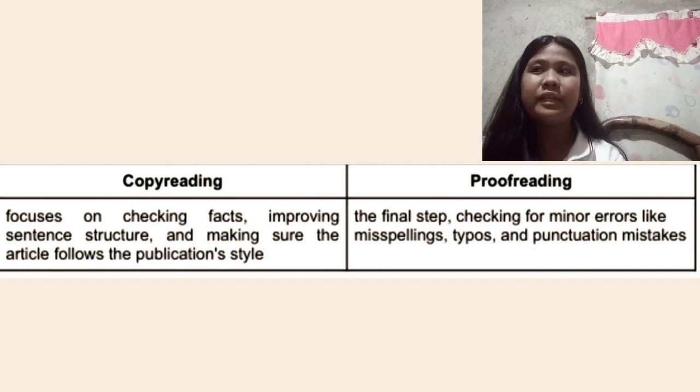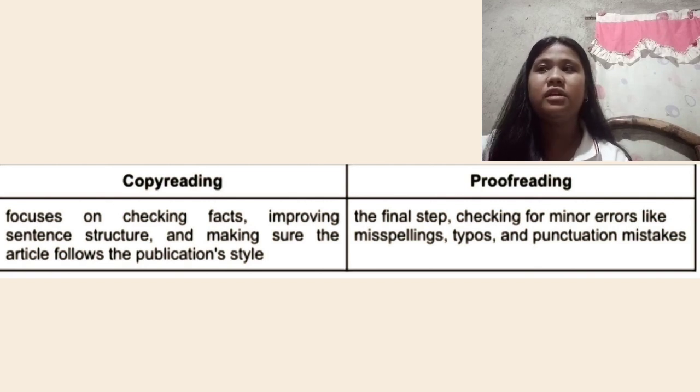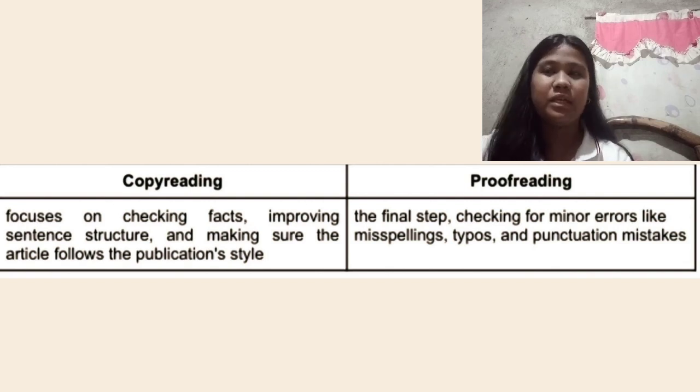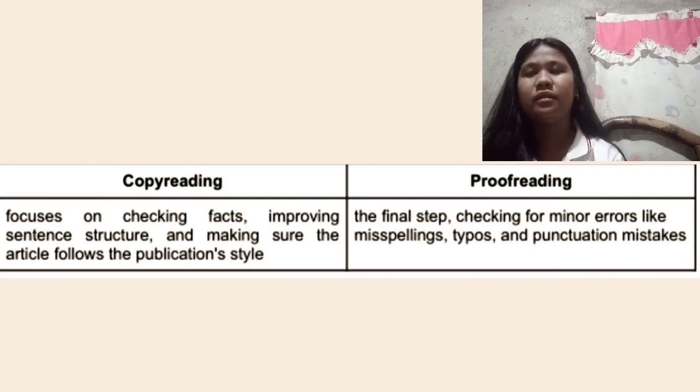Copy reading is the process of checking the content of the article. This includes correcting grammar, sentence structure, spelling, and most importantly, making sure that the information is factual and that the writing follows the publication style or format.